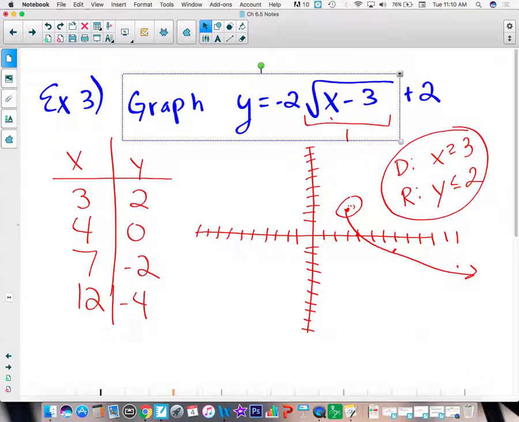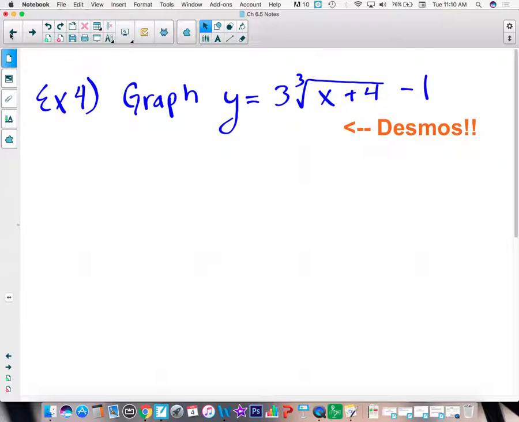Okay. So I want you guys to get out Desmos. I'm going to show you guys how to plug this stuff into Desmos. It's not too hard. It's pretty easy. But I'm going to show you how to do a cube root in Desmos.